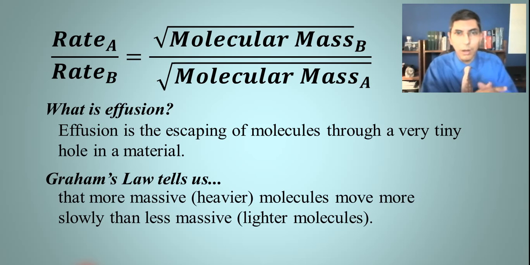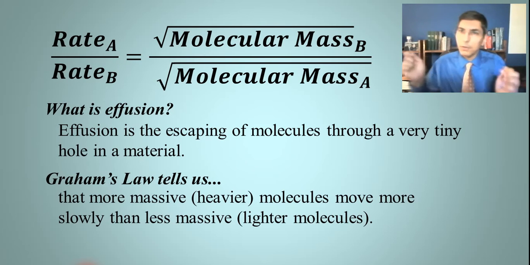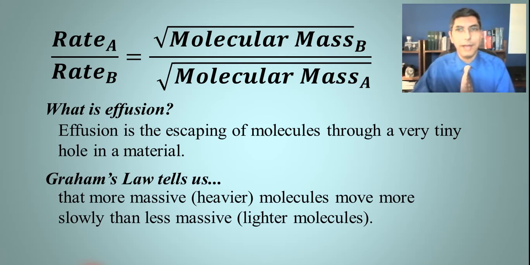They're kind of lumbering along in space, or I should say through a membrane. On the other hand, very light atoms and molecules like helium or neon or methane are going to be able to go really fast because they don't have quite as much mass.